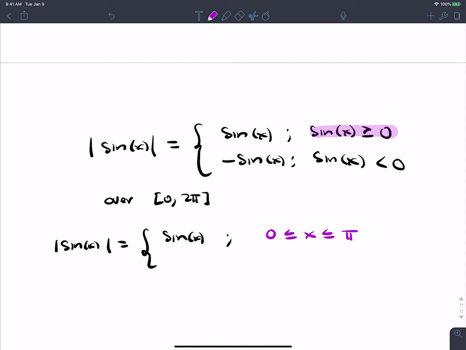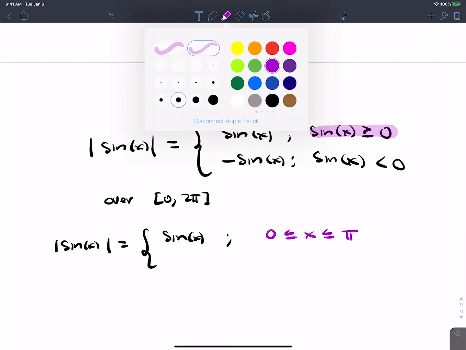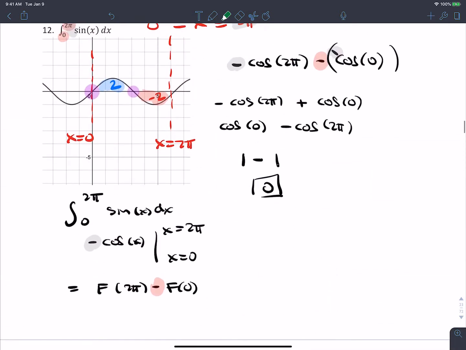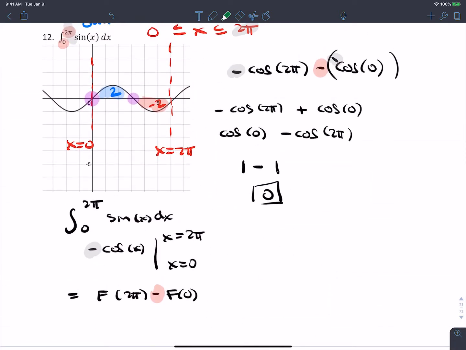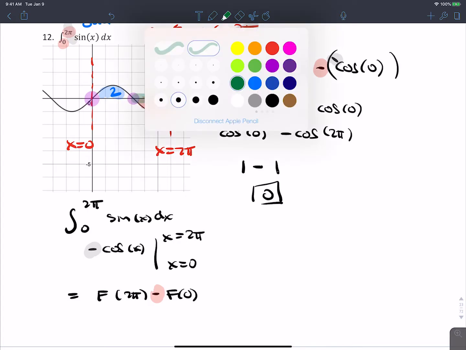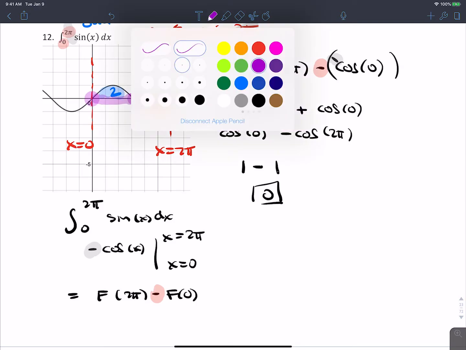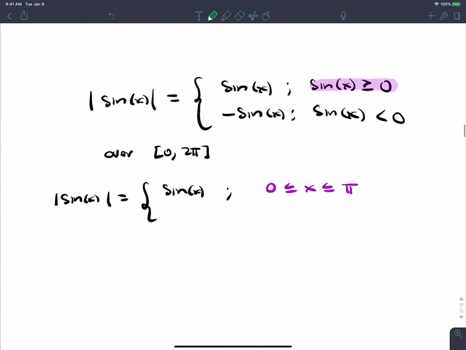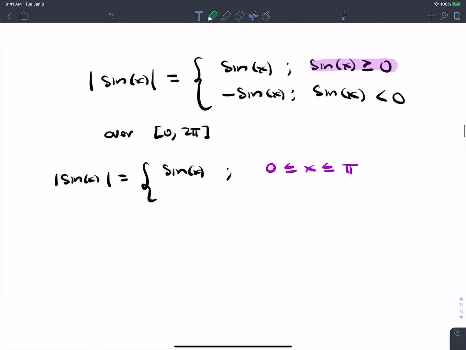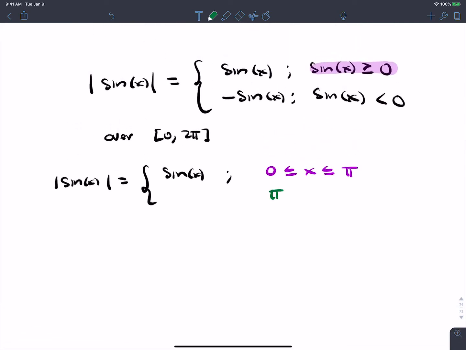Where is that sine curve negative? Yeah, it's from what? It's right over here. From pi to 2 pi. Is that right? And so this is positive, this is negative, pi to 2 pi. And let's be careful here.